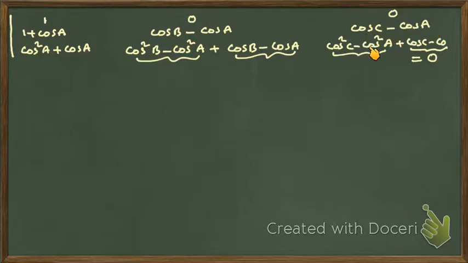And this is also cos c minus cos a into, balance will be cos c plus cos a. Because if I take c minus a out, c plus a is inside. A plus b is out, a minus b is inside. Like that. So if I have cos square c minus cos square a, it is cos c minus cos a into cos c plus cos a. And this is 1 into cos c minus cos a.